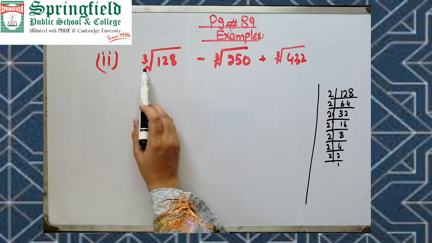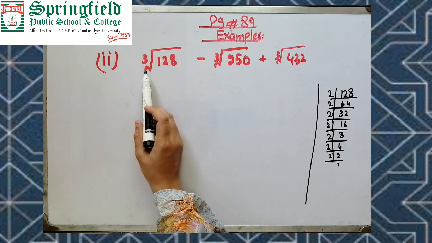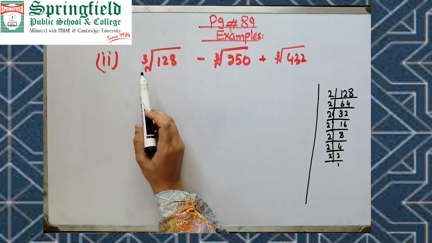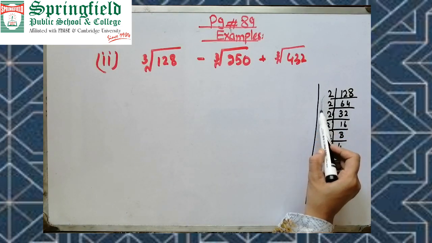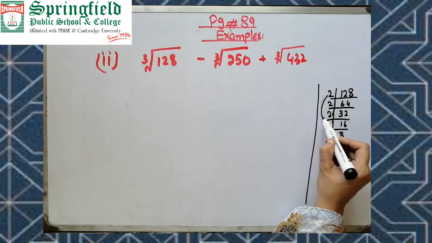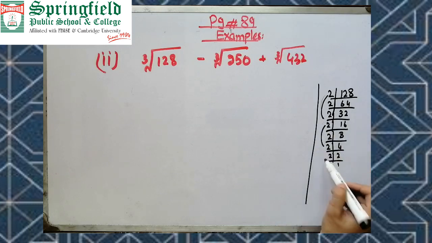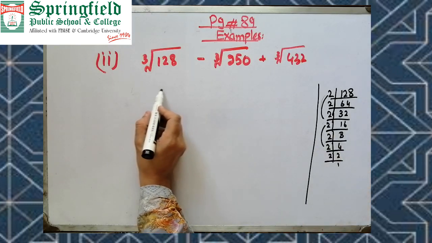So here we are talking about the cube root, and as I told you, when we solve the cube root we make the cubes of the factors, and when we solve the square root we make the squares of the factors. So cube, here 1 2 3, 1 2 3, and just 2 is left.